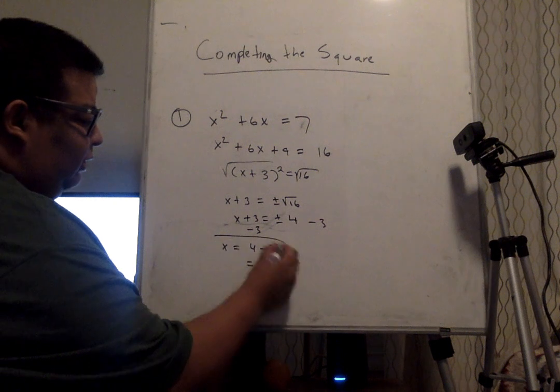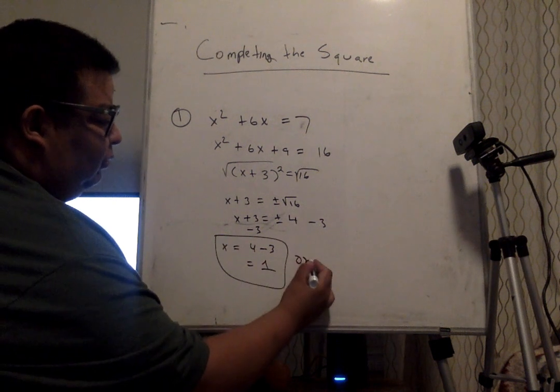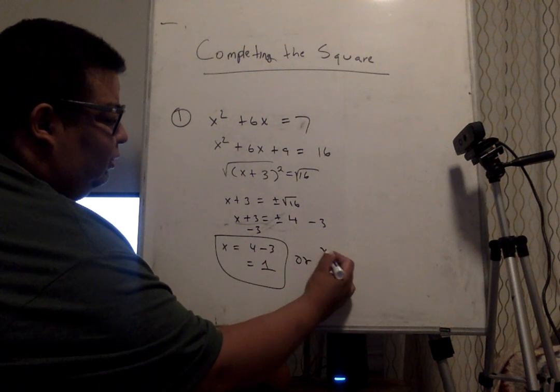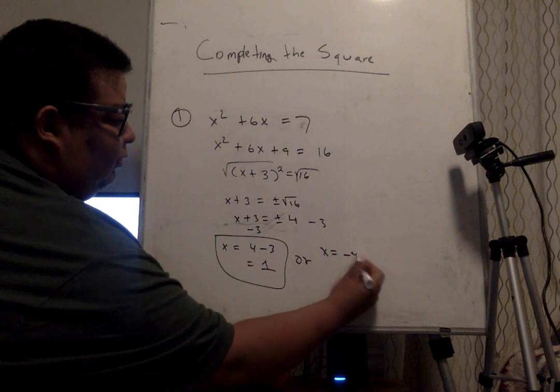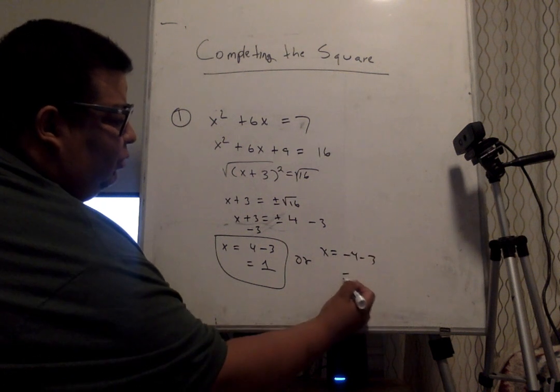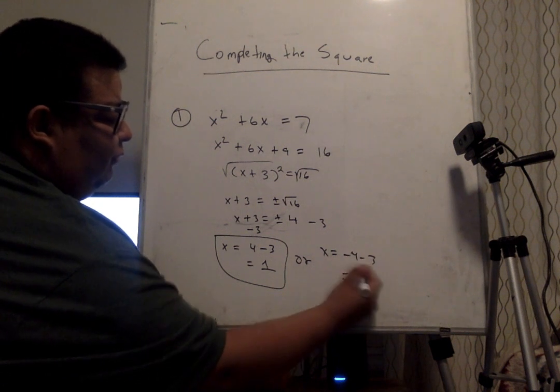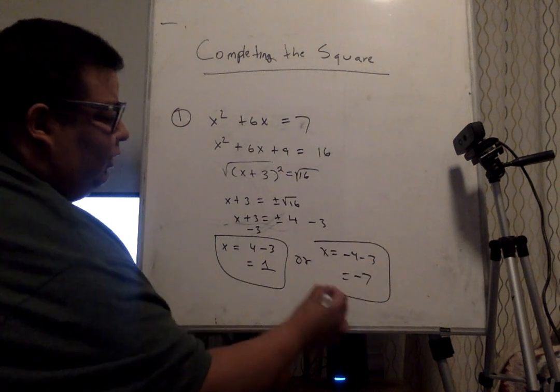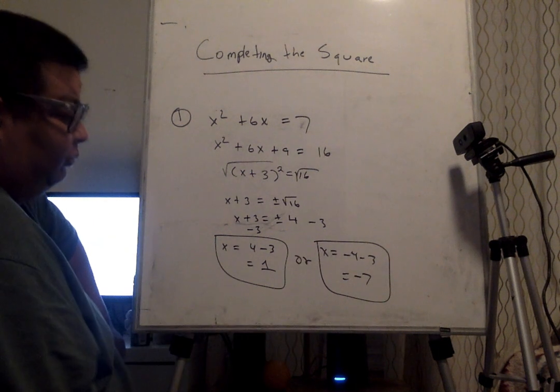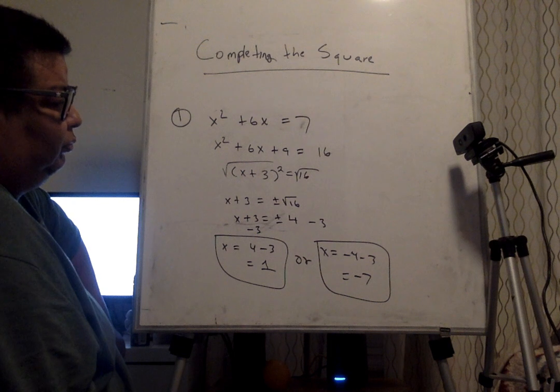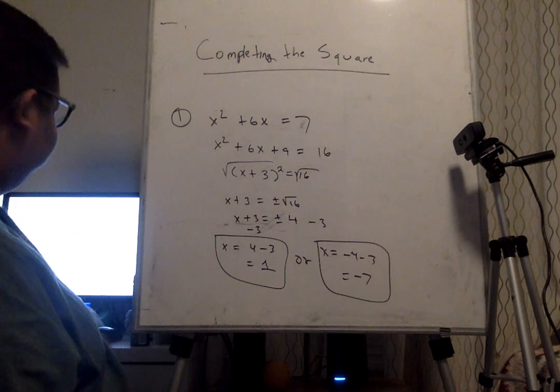So that's your first answer. Or x equals negative 4 minus 3, which is equal to negative 7. So there you have your second solution. That completes the first exercise.